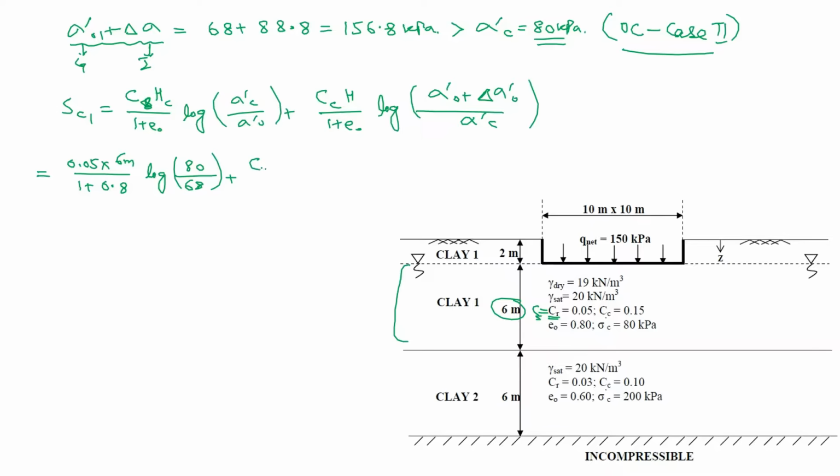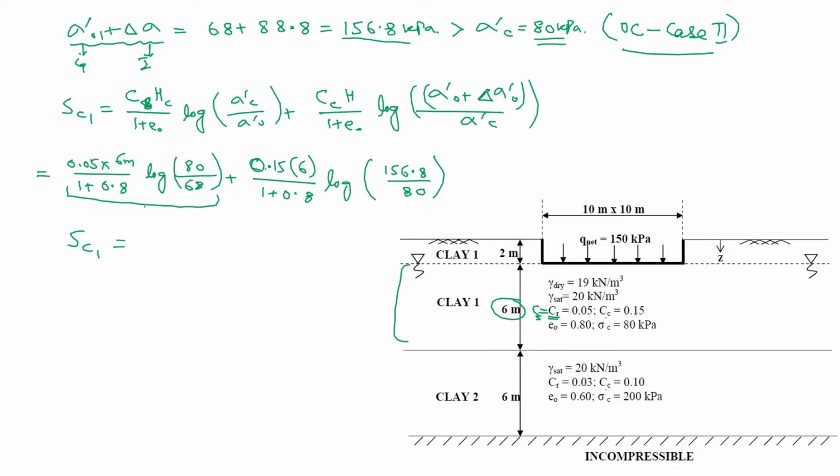Plus C, what is CC? 0.15 into the height of the first layer, 6 meter, divided by 1 plus E naught, 0.8, log of, what is the sum of these two values? We can see here 156.8 over what is sigma dash C, that is 80. When we calculate using a calculator, we can calculate it as part 1 and part 2.